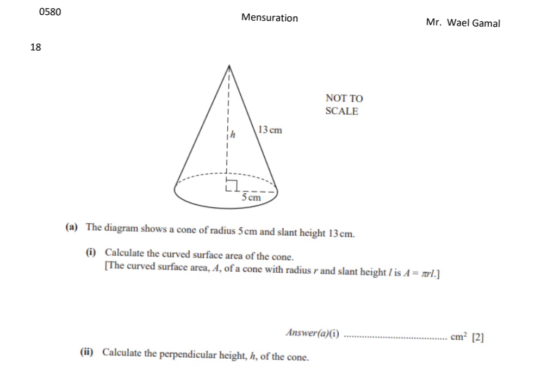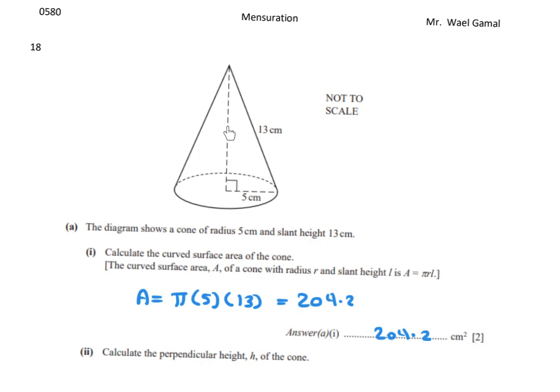So we can find the curved surface area directly by π times r times the slant height, which is 13. So the answer is 204.2 centimeters squared.